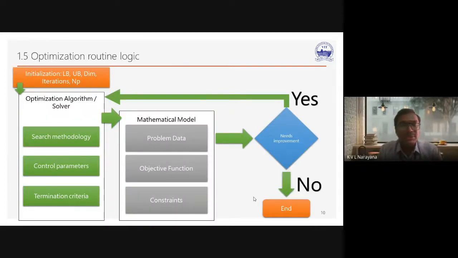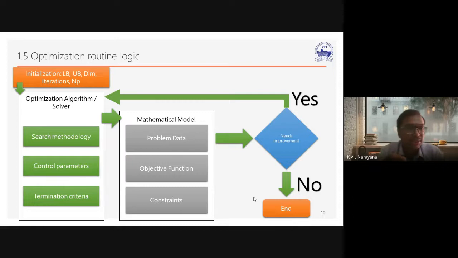So coming to the optimization routine logic. In the optimization routine, the optimization algorithm improves the solution in steps or iterations until a specific level of solution quality is attained. Here there is an optimization algorithm or solver. There are three important steps.